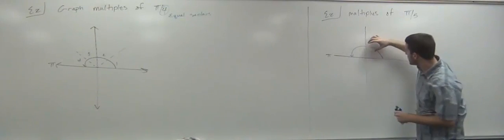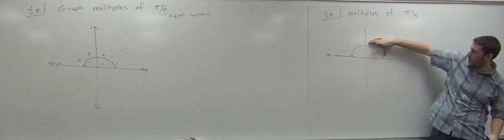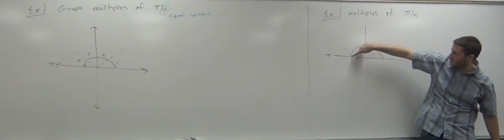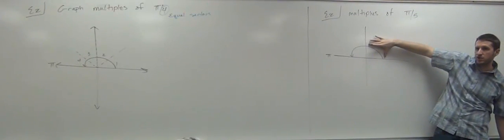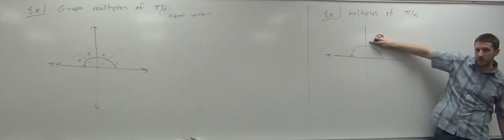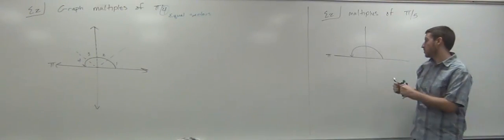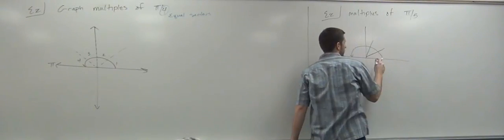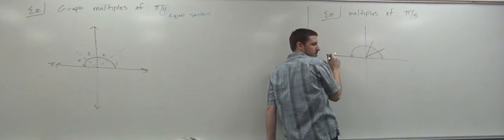Because this is half of my half rotation. So the way I think about it is, if I have to break this into 5 equal sectors, then I have to break this into 2.5 sectors. Which means I don't land on this one because it's halfway in between a sector. So I would go maybe 1, 2, and then a half of a sector.